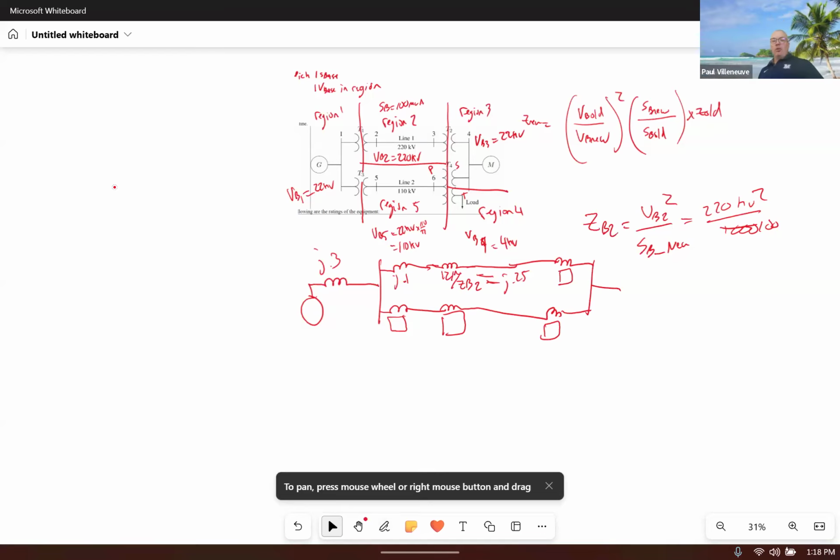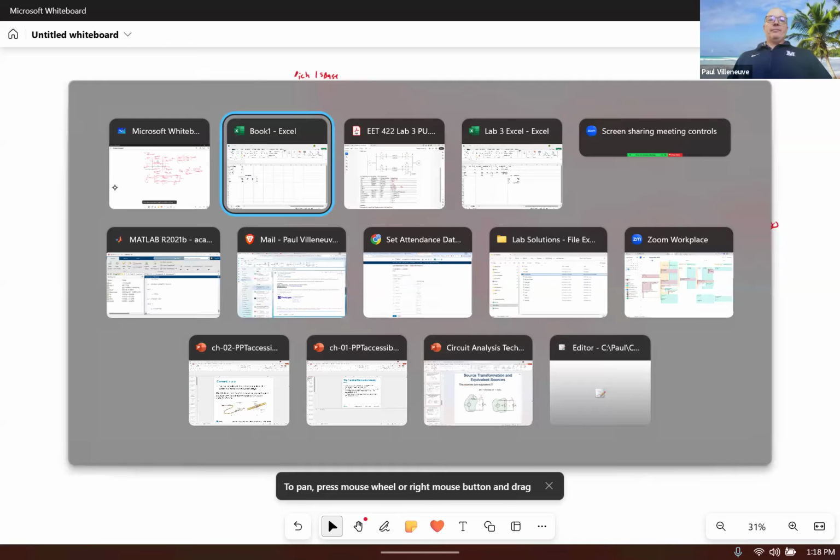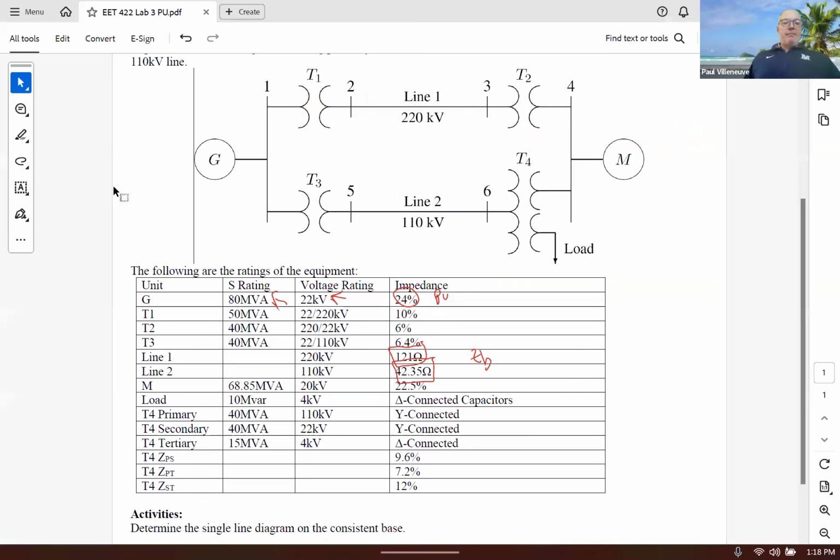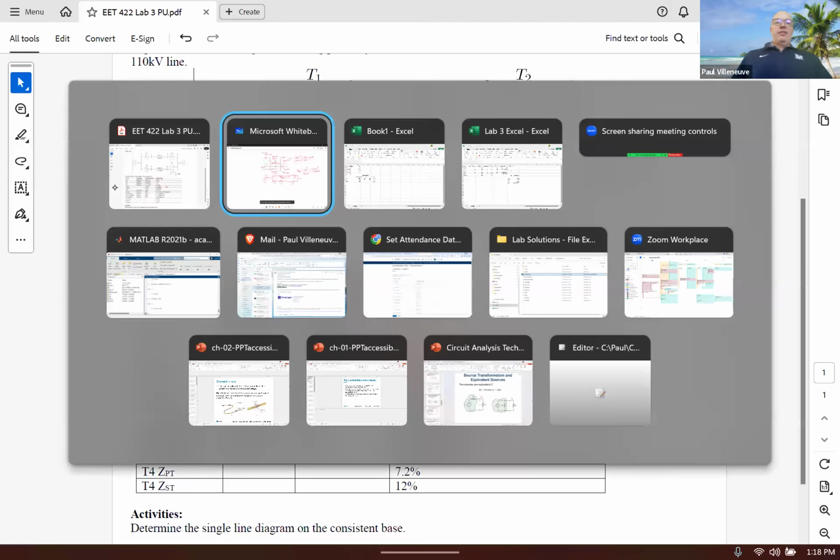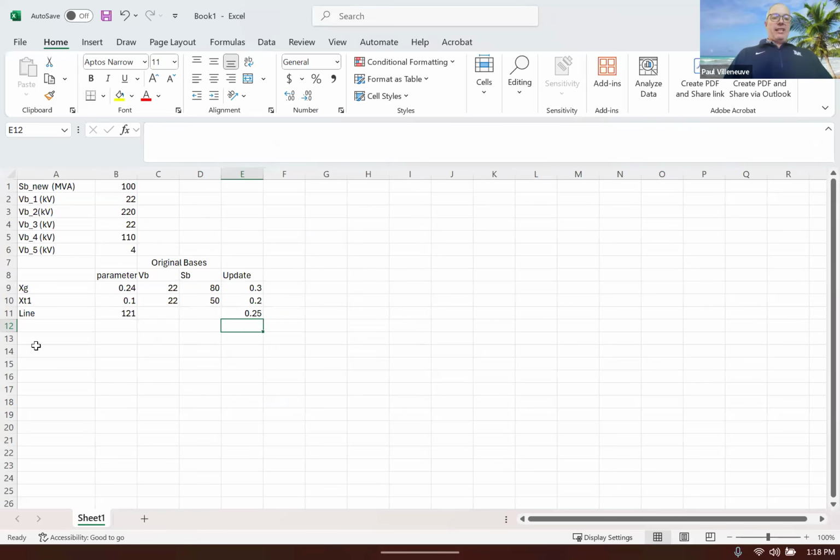Okay. So the motor is in region 3. And the motor has a 22.5%. So we'll just type that in. So this is XM, 0.225.